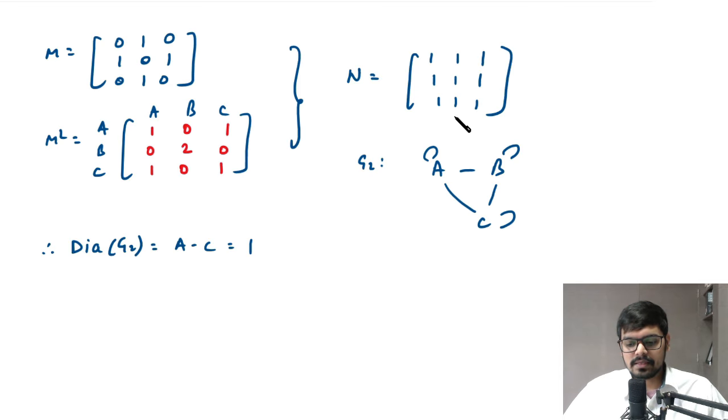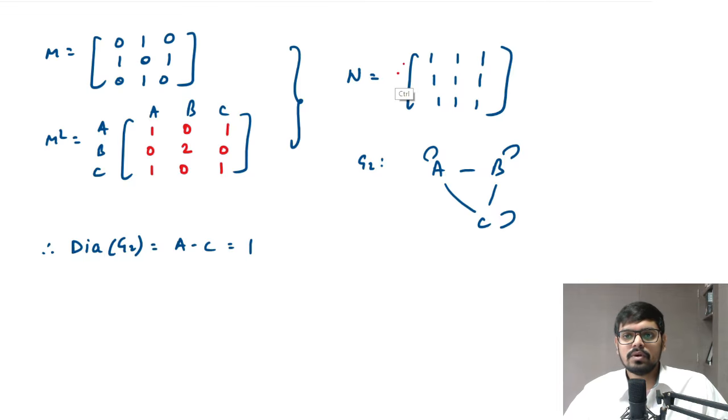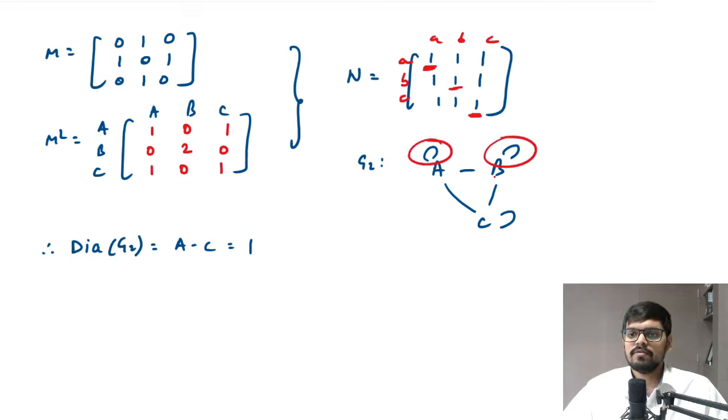Once this matrix is ready, we can comment on the G2 graph, because this is the adjacency matrix of the G2 graph. So for vertices A, B, C, we can say how they are connected. A to A there is a self loop, B to B there is a self loop, C to C there is a self loop. So all the self loops first.